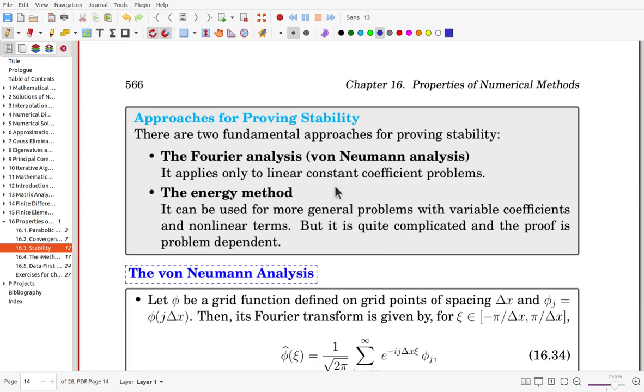The energy method is a traditional standard method. It can be used for more general problems with variable coefficients and nonlinear terms. But it is quite complicated, and the proof is also problematic. Depending on the given problem, sometimes way more complicated, sometimes quite reasonably done.